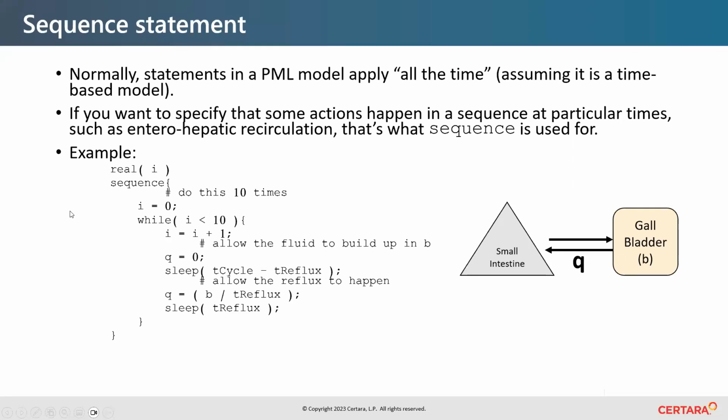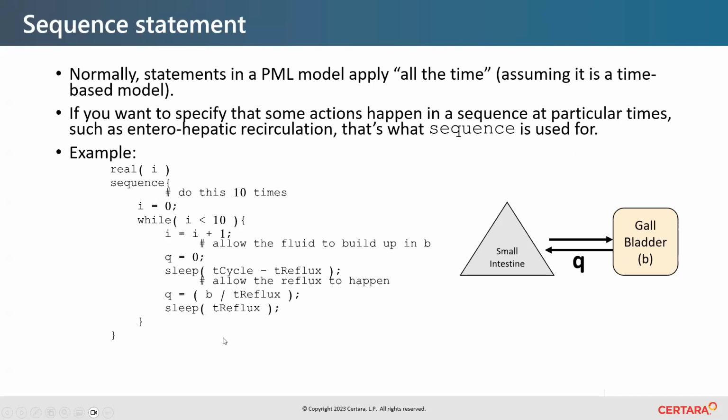This says do this 10 times and allow the bile to build up in the gallbladder. And so we say that the rate of flow from gallbladder to small intestine is 0 for a certain length of time. And then we allow the reflux to happen. We say Q is the amount of bile divided by the time reflux. And so the flow rate goes back into the small intestine over a period of time that may take a minute.